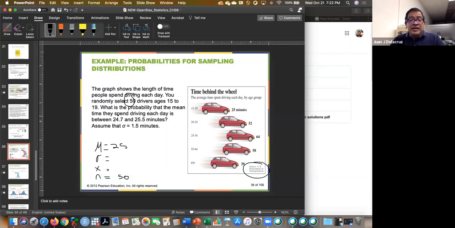So what is the probability that the mean time they spend driving each day is between 24.7 and 25.5? So I have 24.7, which is going to be my x1, and 25.5.